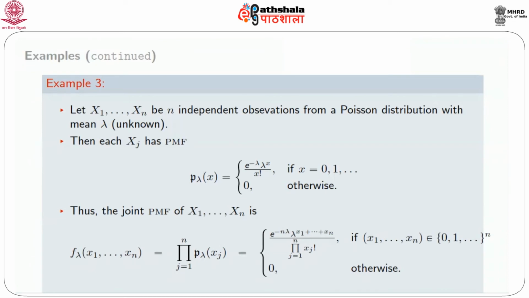The joint PMF of x1, x2, ..., xn is f_lambda(x1, x2, ..., xn) equals product over j from 1 to n p_lambda(xj). This equals e to the power minus n lambda into lambda to the power x1 plus x2 plus ... plus xn divided by product over j from 1 to n xj factorial if each xi can take the values 0, 1, 2, ... and is 0 otherwise.